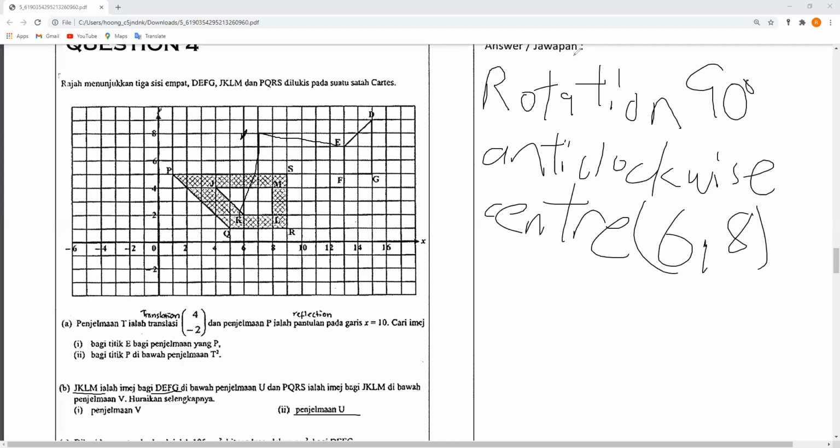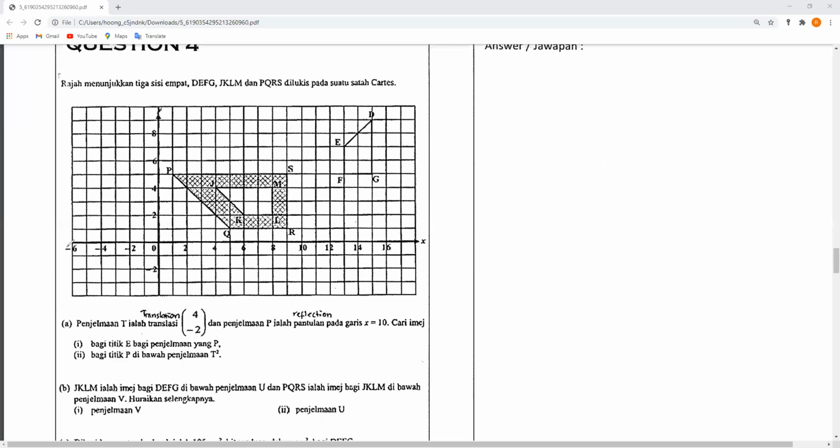Sorry. 7, 8. Correct already. Okay, 7, 8. So the transformation U is this one. Okay. So the answer is correct. So you get 3 points. Full mark. Okay. So we're moving on to the next question.